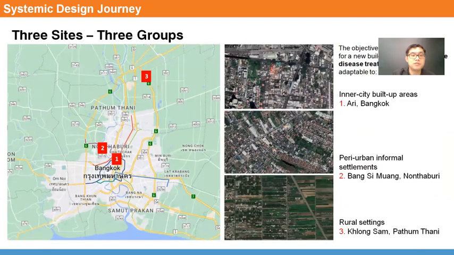The participants also visited the 3 project sites and decided on which site they would continue to work to develop their multiple disease treatment center, which had to be adaptable to inner city built-up areas such as Ari and Bangkok, peri-urban informal settlements such as Bang Simong and Nonthaburi, as well as rural settings such as Klong Sam and Pathum Thani.